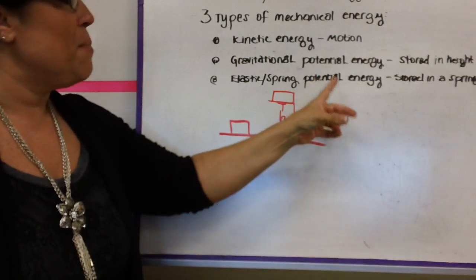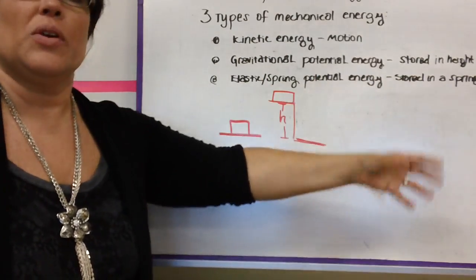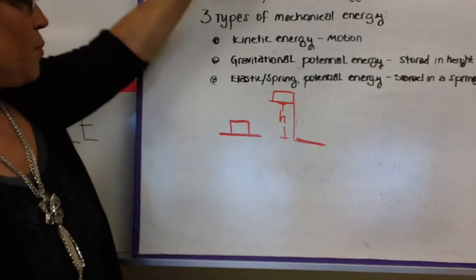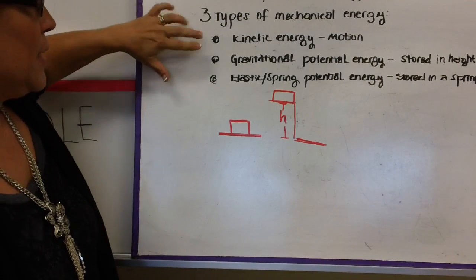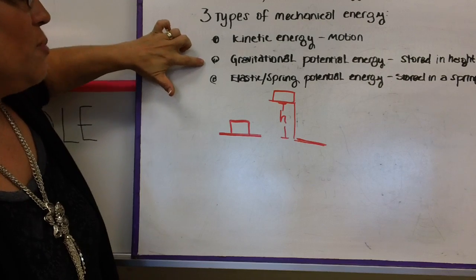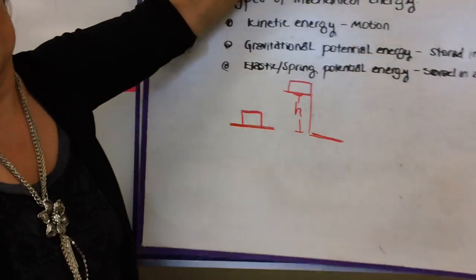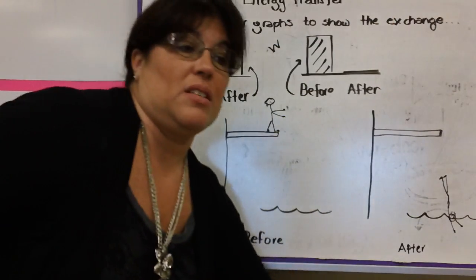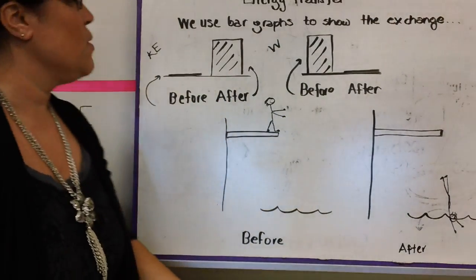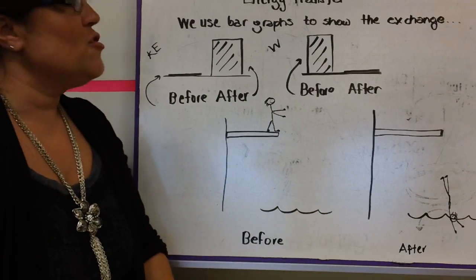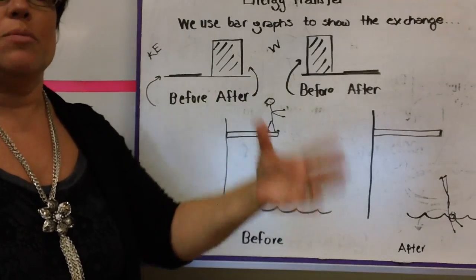And so it has the ability, it's stored in the spring, its ability to have energy. So the three types that we're going to be working on are kinetic, gravitational potential, and elastic potential. Now there are other types of energy, but not that we're going to be dealing with on the mechanical side of the house.